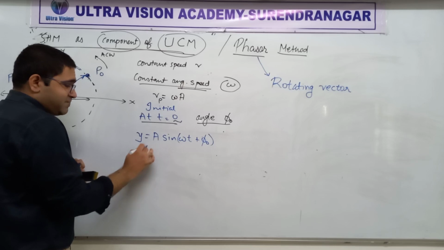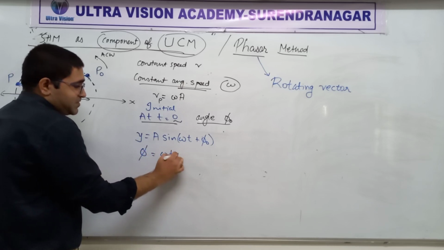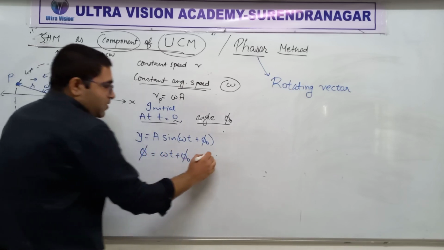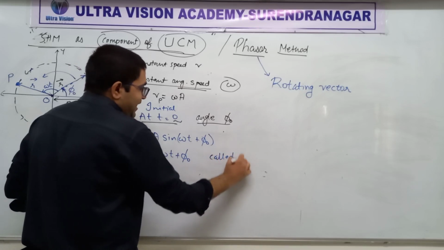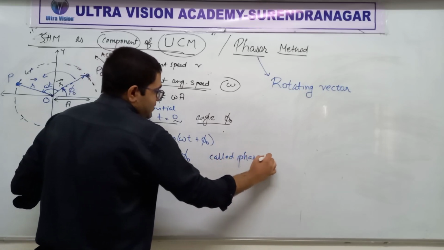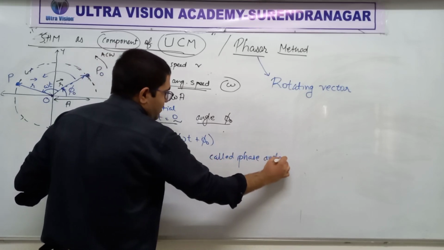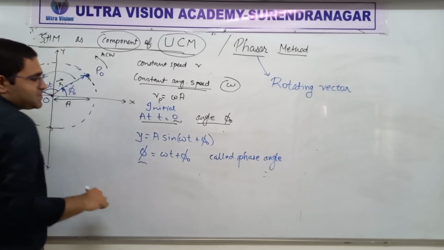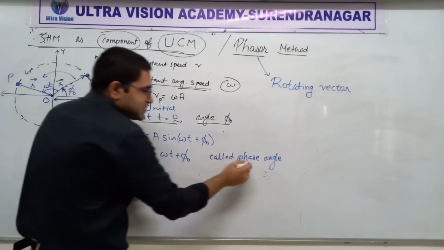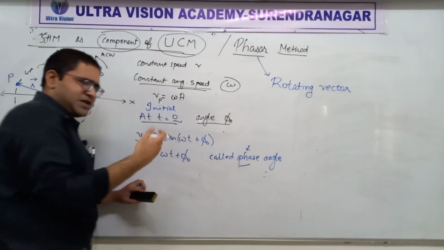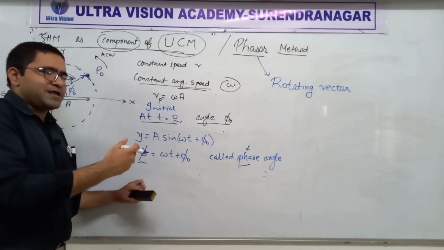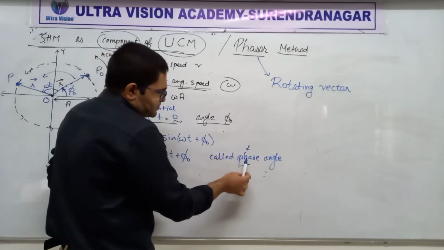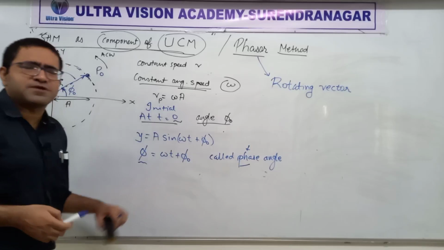So this angle phi, which is omega t plus phi 0, is called the phase angle. Phase angle. Again, phase means referring to time.